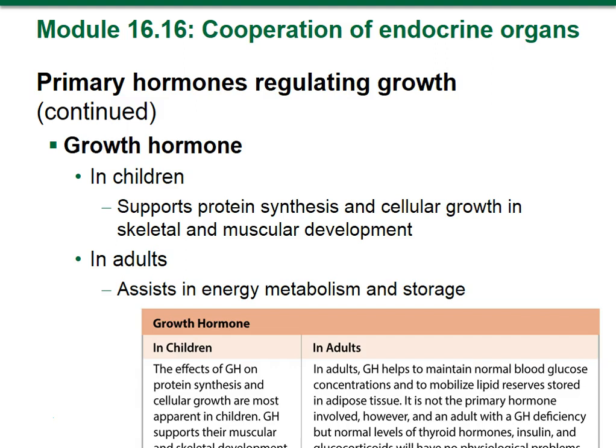Growth hormone in children helps in supporting protein synthesis, which you need for building muscle and structure and cellular growth. In adults, you still need some growth hormone. It assists in energy metabolism and storage.